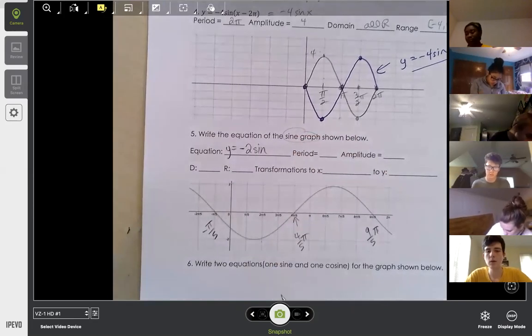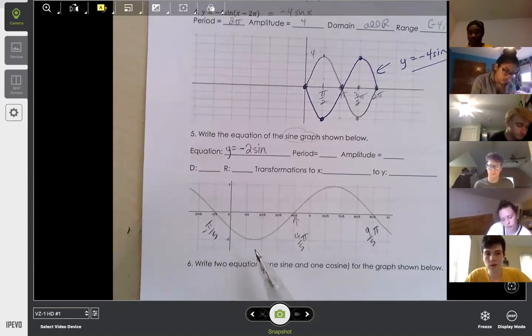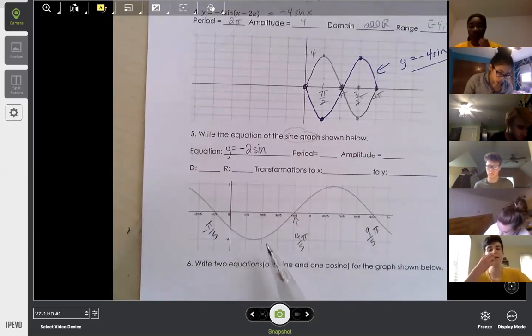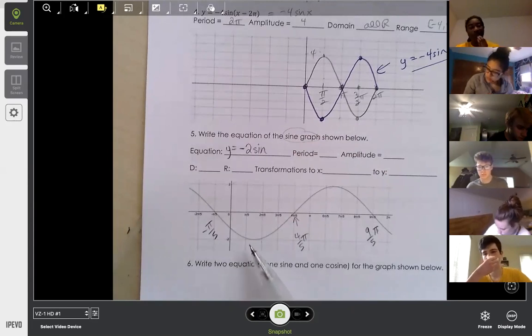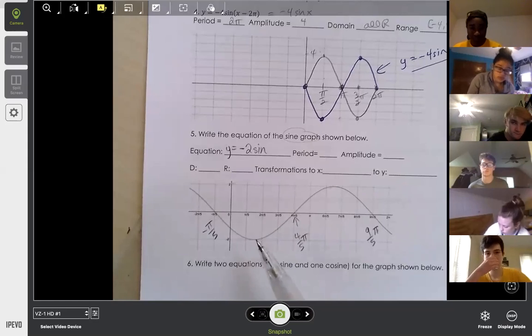Now is the period still 2 pi? Has that changed? What do we think? Kelsey, what's the period of this graph? Isn't it still 2 pi? And how do we know that? It is. Can you just talk to me about how you know that?